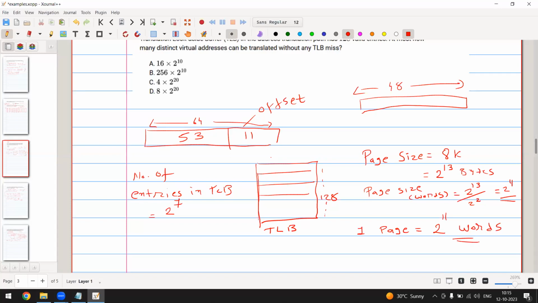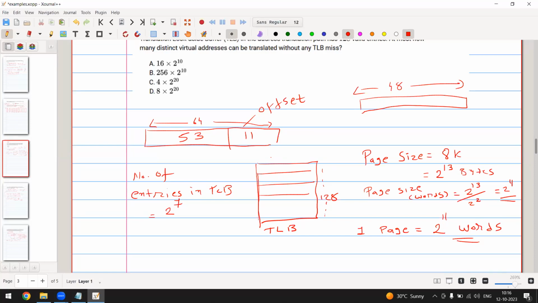So if there is a TLB hit for one page, because it works at page level, it means there is a hit of 2 raised to 11 words. In other words, all words of that page can be formed from the TLB.